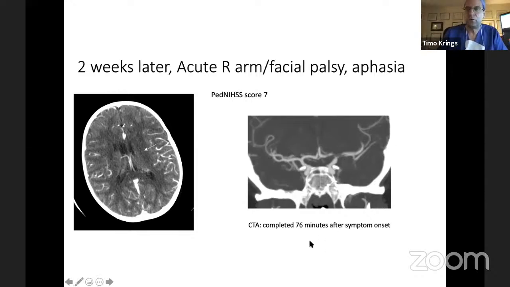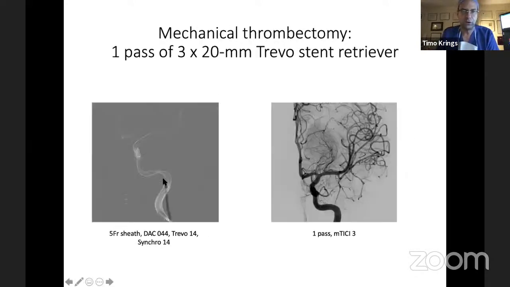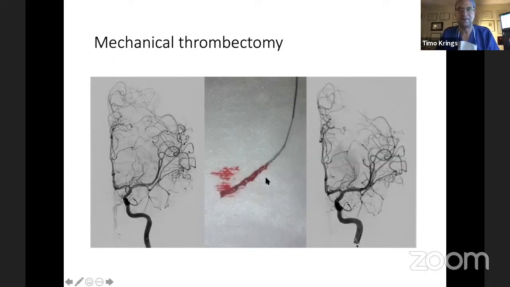The CTA was completed relatively fast, simply because we knew that she was hypocoagulable, and therefore it was quite easy to get in. We saw the clot, we put in a stent retriever, we took the clot out, and the patient was absolutely asymptomatic. This is the clot that we took out.